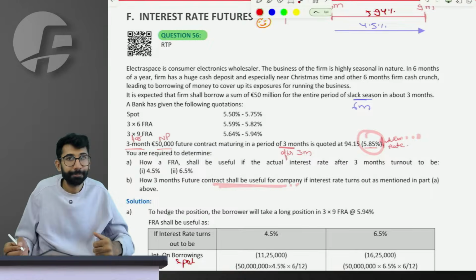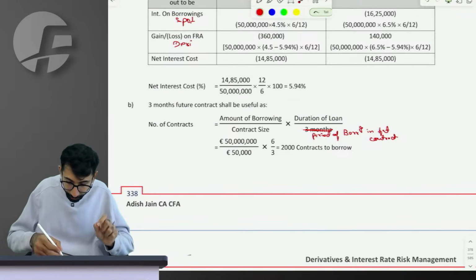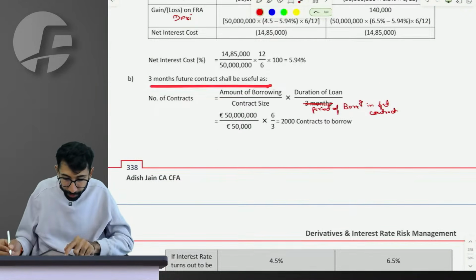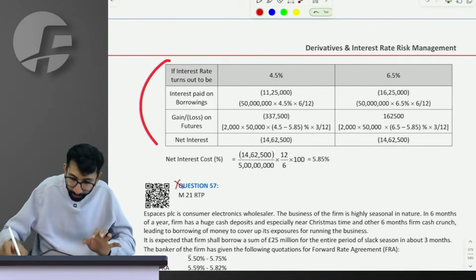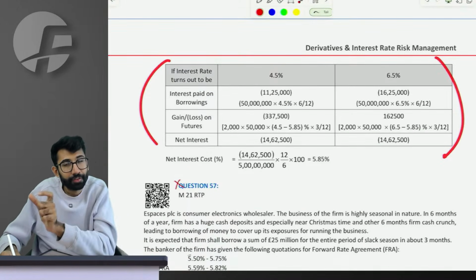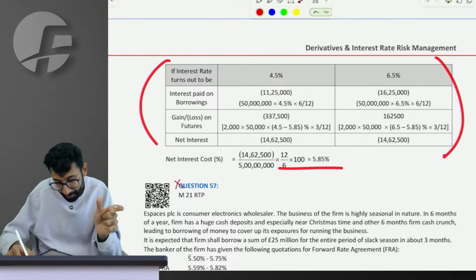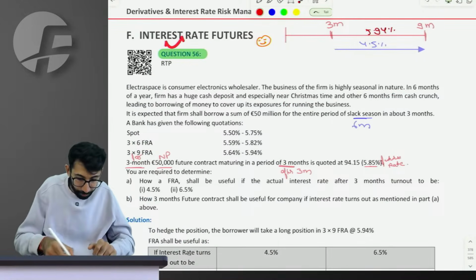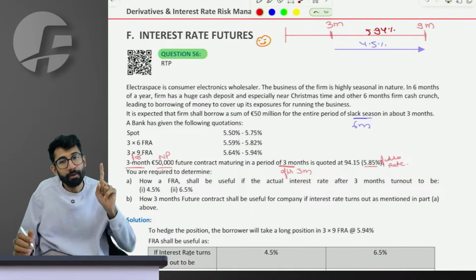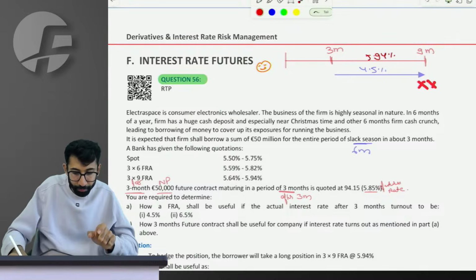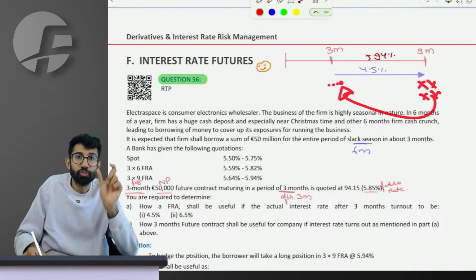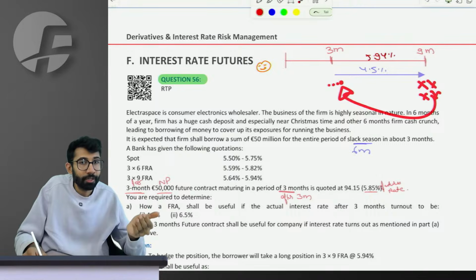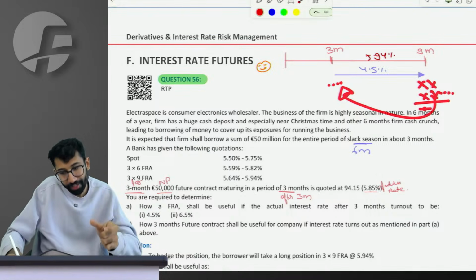I have justified, right? So you have to tell them that you have entered into a contract to borrow for 2000 contracts, and accordingly the adjustment in the derivative is this, spot is this, net is this, and that's what question number 56 was. Main point of learning number 1 for FRA: don't do the present value of the gain or loss, because the objective is not to calculate the settlement amount, the objective is to justify the hedging.